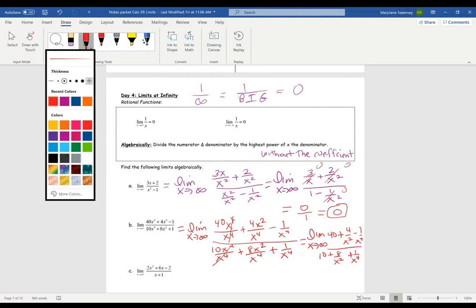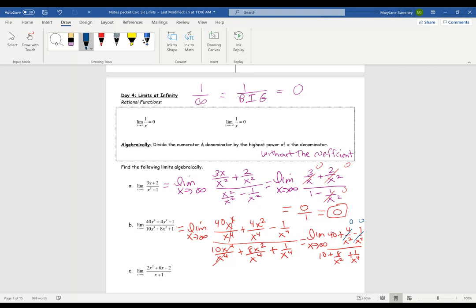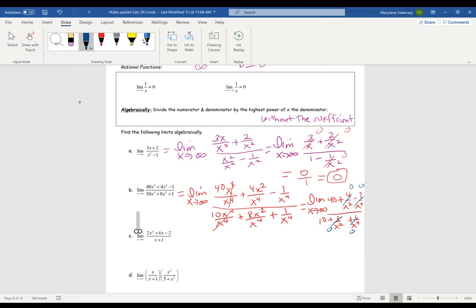Basically, this goes off to 0, that goes off to 0, that goes off to 0, that goes off to 0. So we have 40 over 10, which is 4.